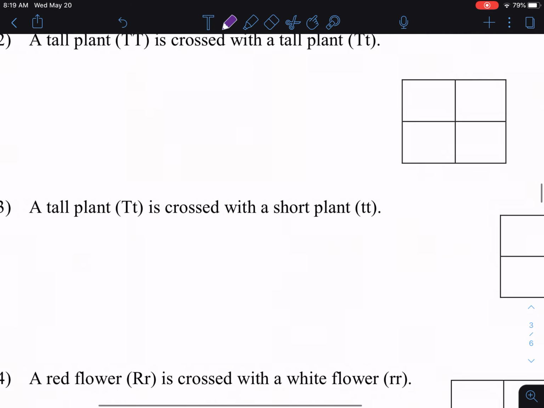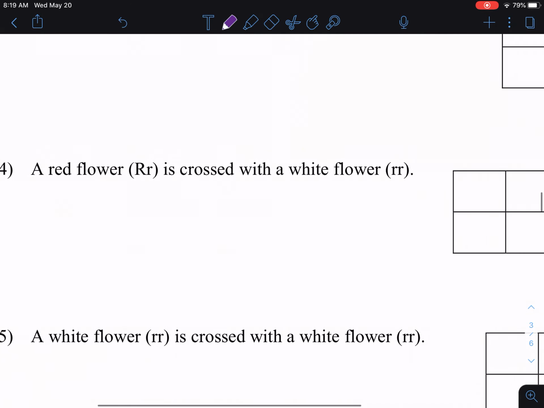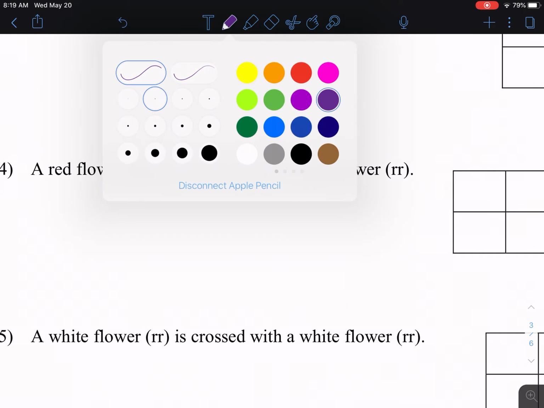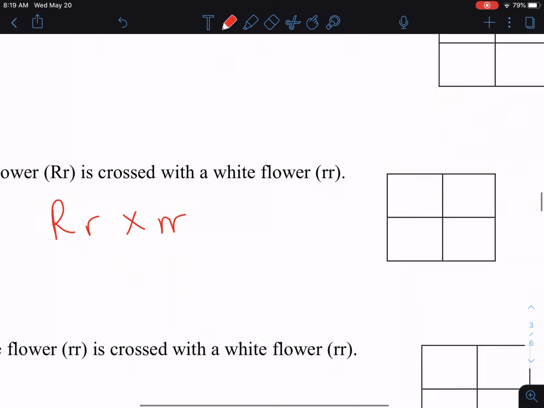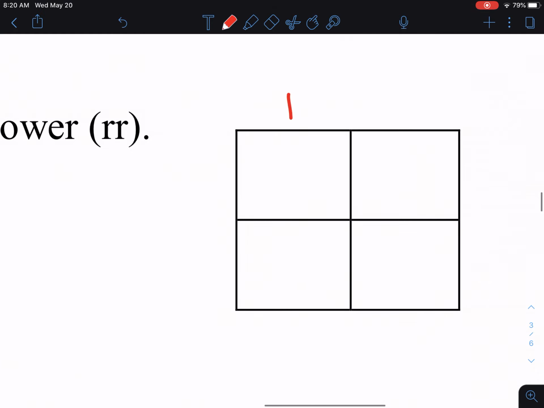One more practice. Let's do the flowers. Capital R, lowercase r is crossed with 2 lowercase r's. And the white is lowercase, that's recessive. So we have capital R, lowercase r, lowercase r, lowercase r. Okay?